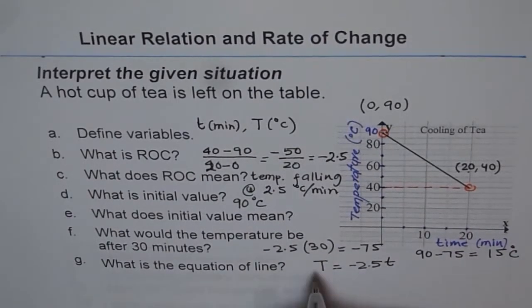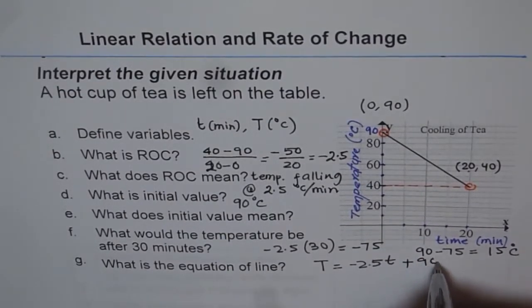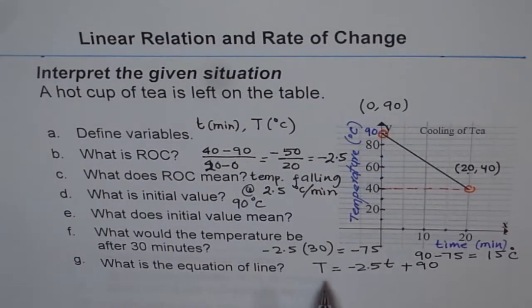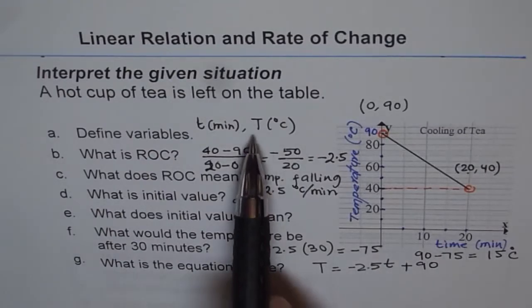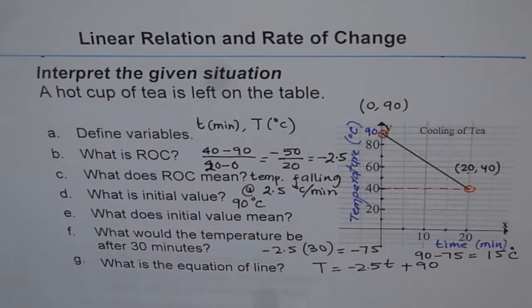So my temperature is dependent on time plus the initial value of 90, right? So that becomes the equation of the graph shown here, right? So the line is represented by capital T equals minus 2.5 small t plus 90, where capital T is in degrees Celsius and small t is in minutes, right?